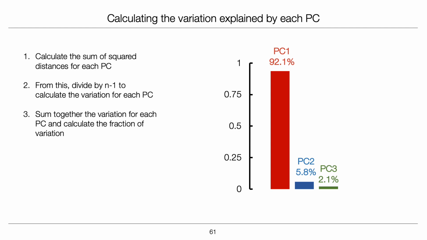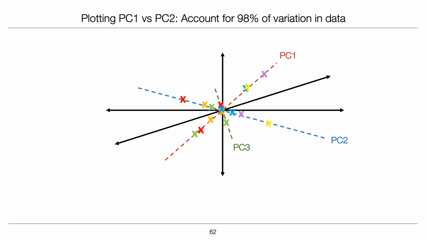You can see from the plot, PC1 and PC2 together explain 98% of the variation in our data, suggesting that we can toss away PC3 without sacrificing much.